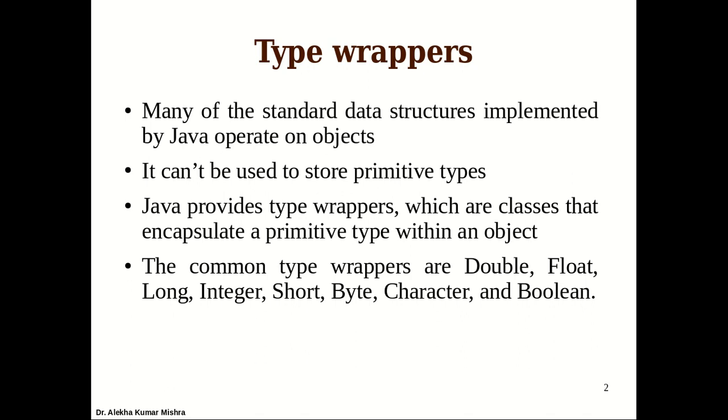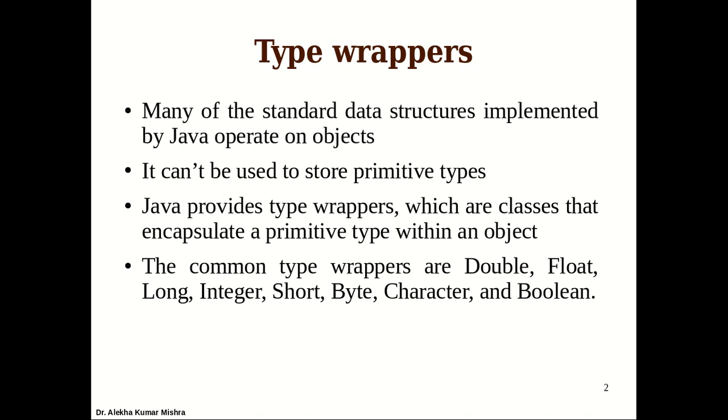So when we pass a primitive type, we need to handle it separately. The operations or methods that we define mostly work on objects. So to take care of primitives, whenever a primitive type needs to be handled, Java provides type wrappers.